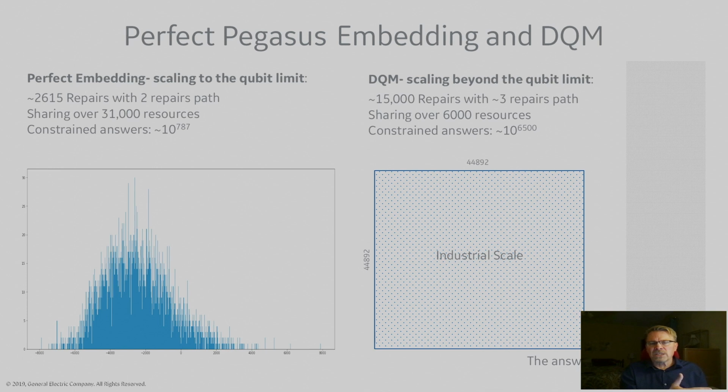So on the left side of this slide, let's talk about that first. Right, we went off and did that embedding. We were able to do 2,615 repairs. They're both two-pairs still, and that's mainly because of our software. But we can now do 3s and 4s as well because of the chaining, or the connectivity of the architecture, which is a huge improvement.